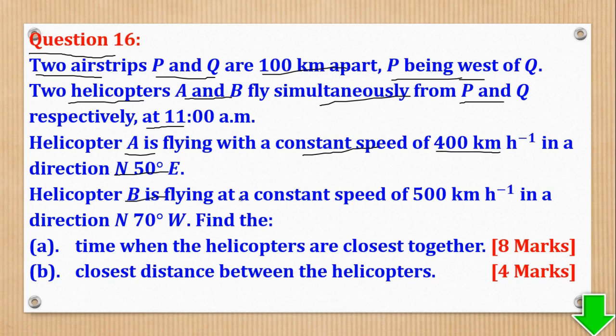Helicopter B is flying at a constant speed of 500 kilometers per hour in a direction north 70 degrees west. Find part A, the time when the helicopters are closest together, and part B, the closest distance between the helicopters.